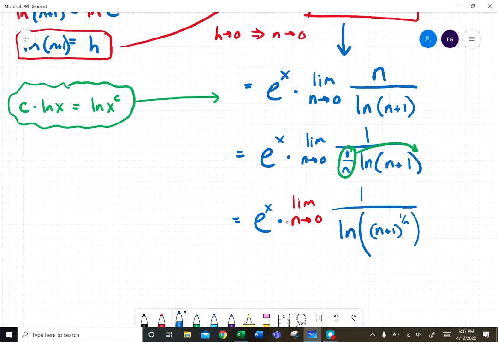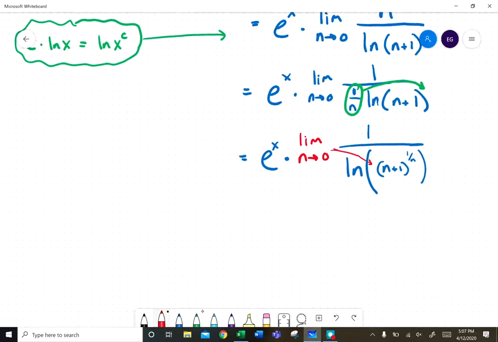Now, this limit's really only affecting n. It's not affecting the natural log function. So what we could do is put this limit inside the natural log function. And I think this should do it.